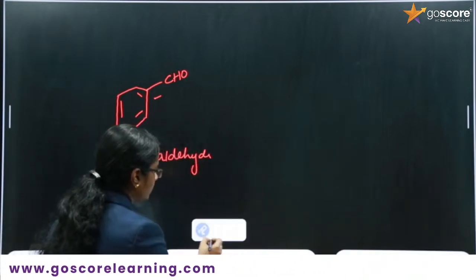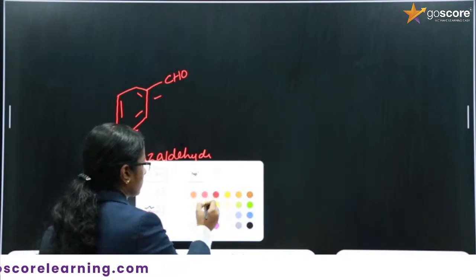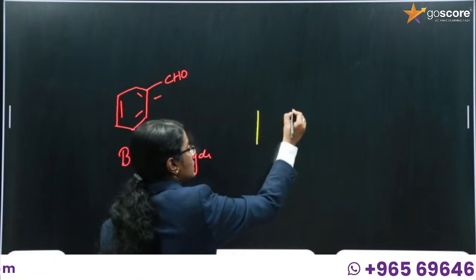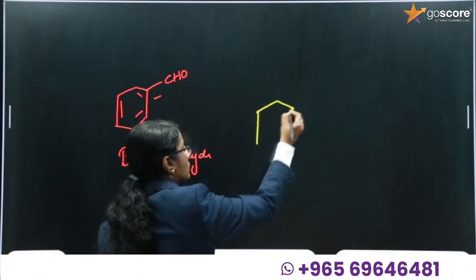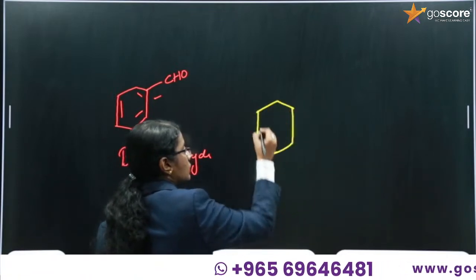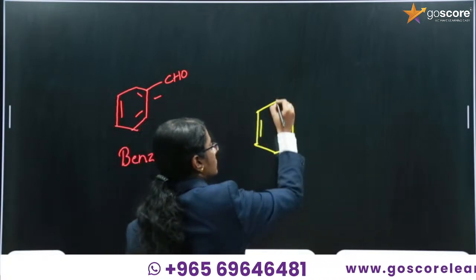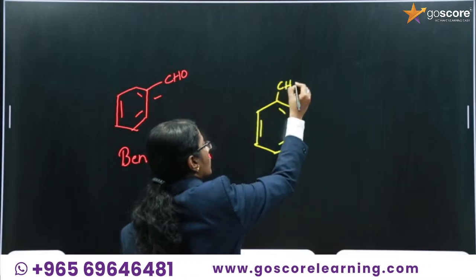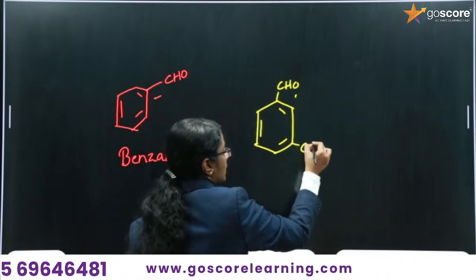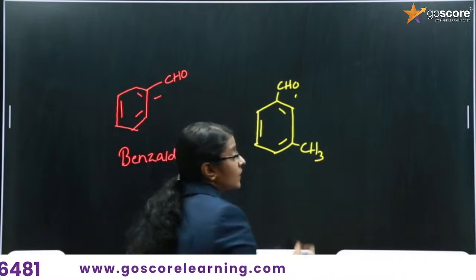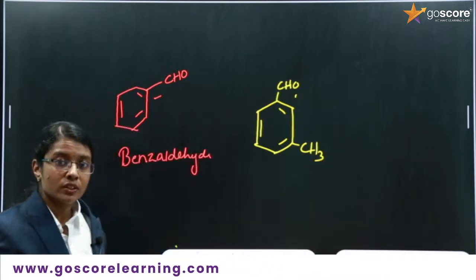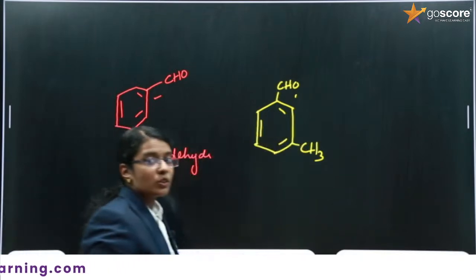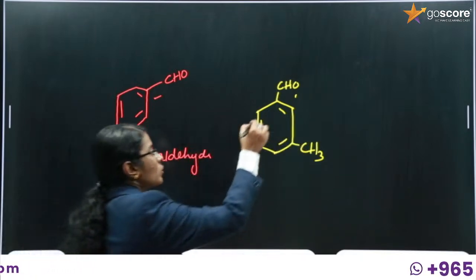Then tell me, what is the IUPAC name of this compound? CHO, CH3. CH3 is methyl. In which position is the methyl group attached?